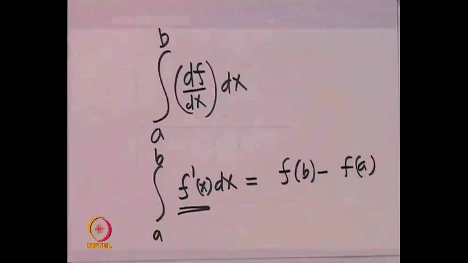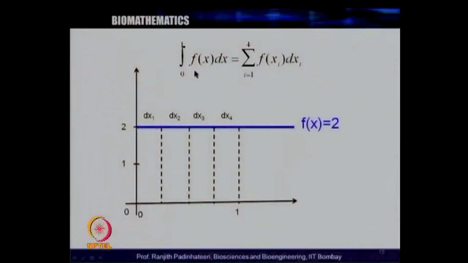For example, the integral from 0 to 1 of f of x dx can be divided into many parts with widths dx1, dx2, dx3, dx4. If you take the sum over i of f of xi dxi, you get the area, because area is the width times the height.